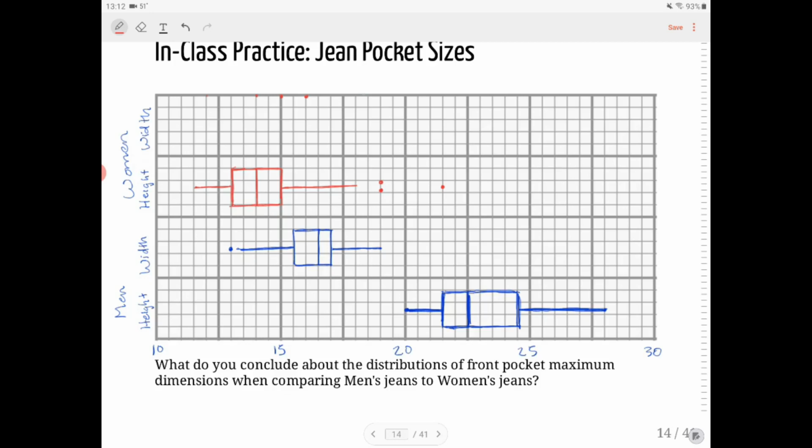And the maximum at 18.5, which is here. All right. So, start with the easy part, draw the box. Draw the median inside the box.